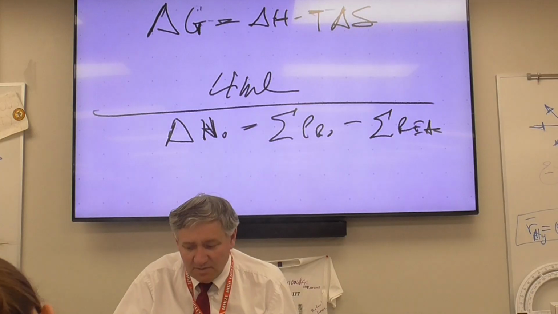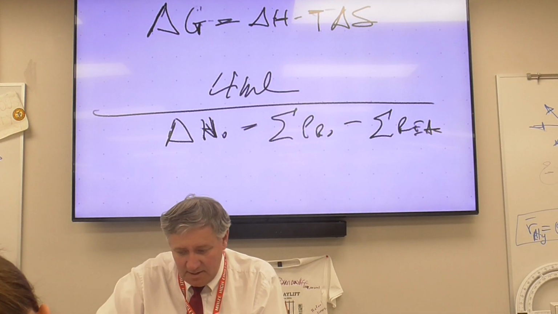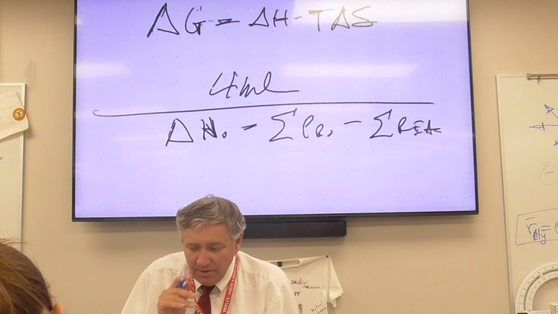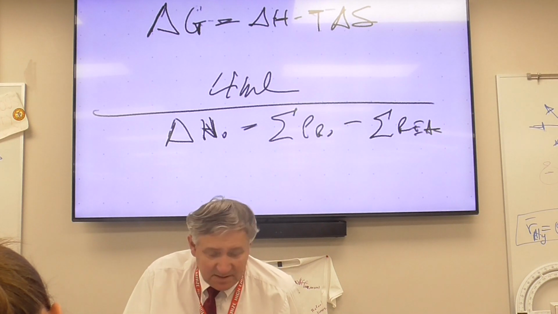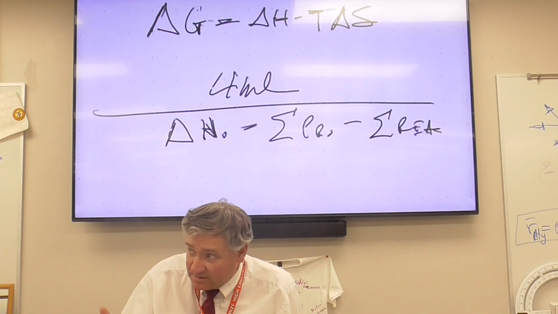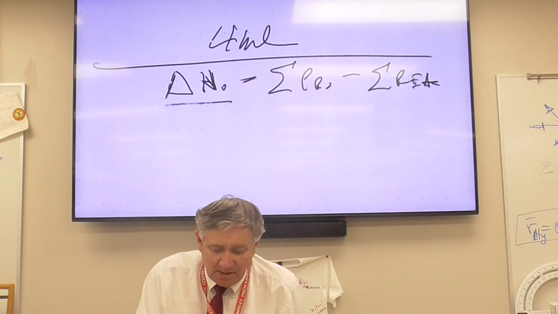So on that first reaction with the hydrochloric acid and the sodium carbonate, you're going to go through the book and find, for example, aqueous sodium chloride, and look up the delta H value.